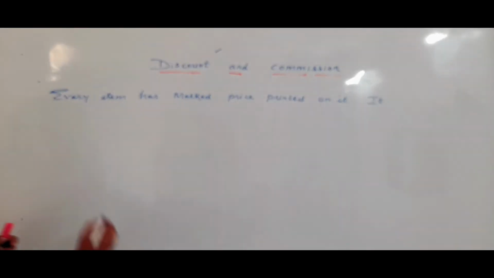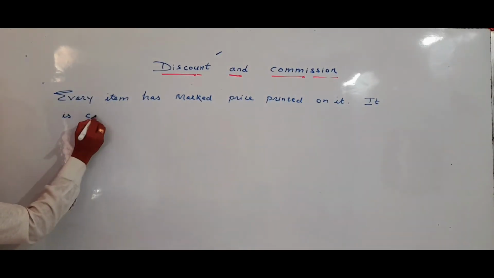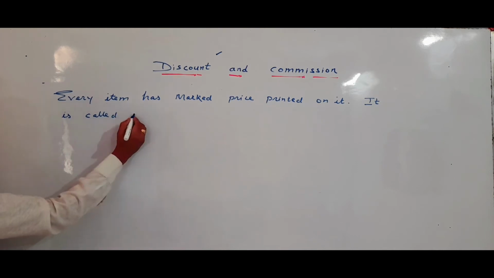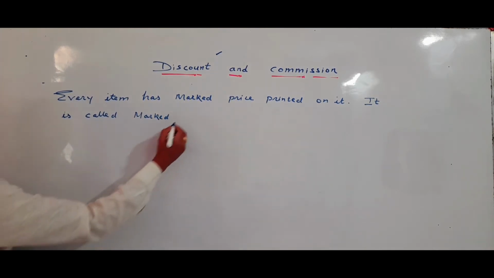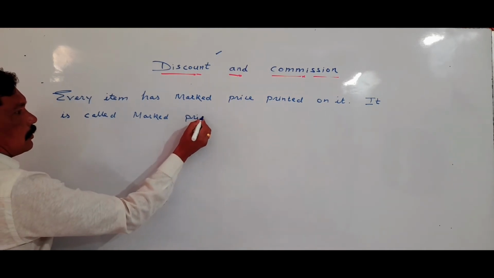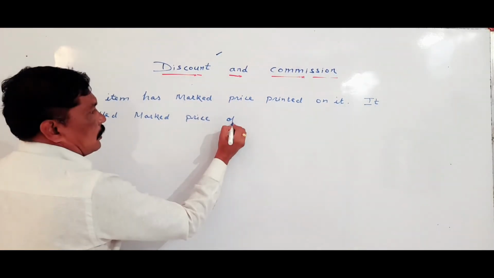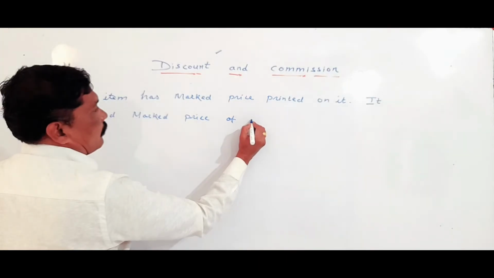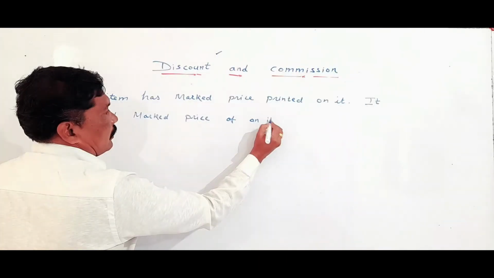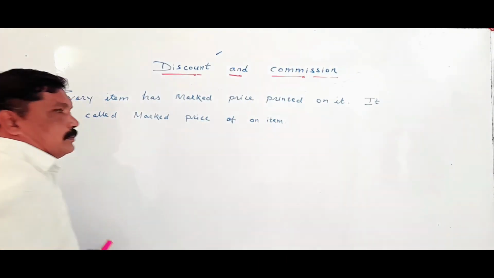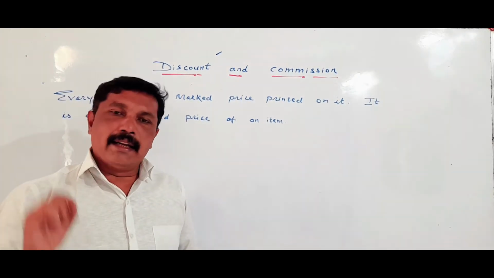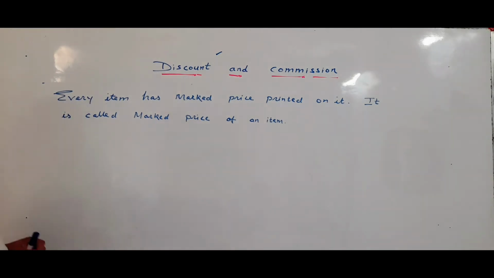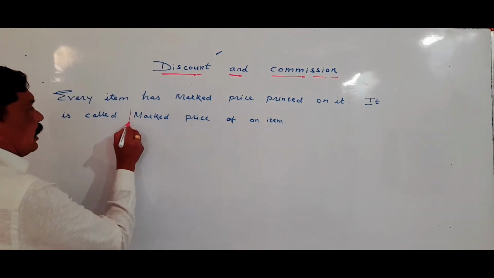It is called the mark price of an item. Every item has some printed price on it and it is called the mark price of the item.